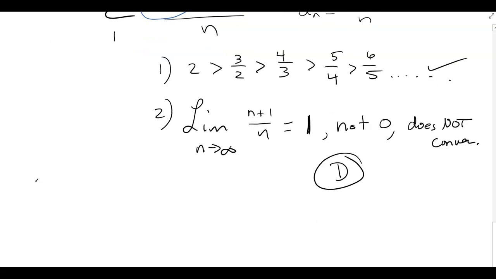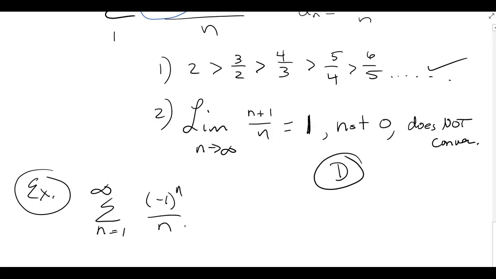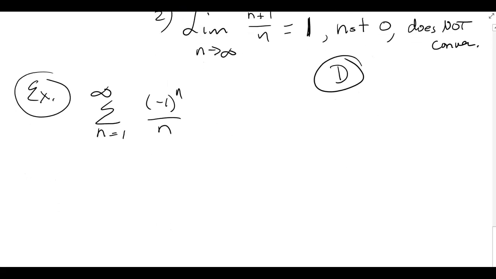Second example. Summation n equaling 1 to infinity of negative 1 to the n over n. Again, with alternating series, it's good to write them out a little bit. You can see right away what's happening here.